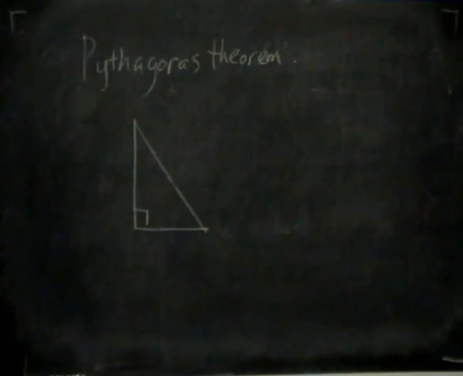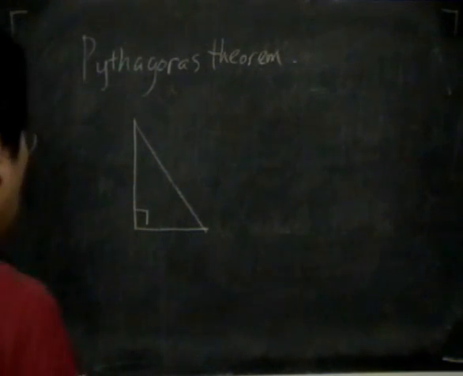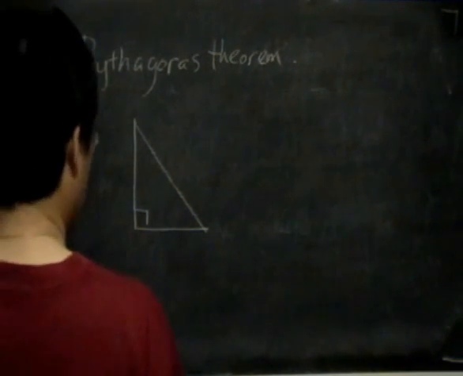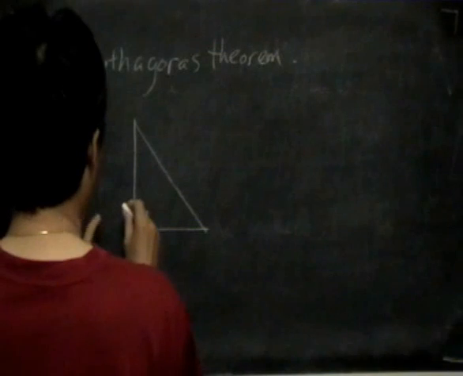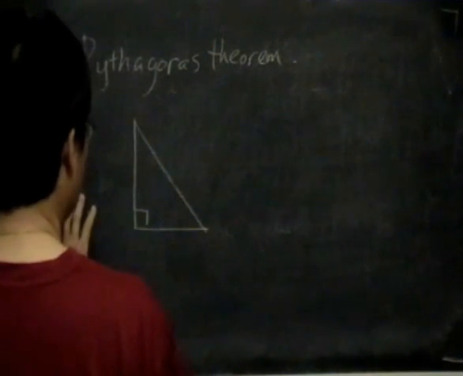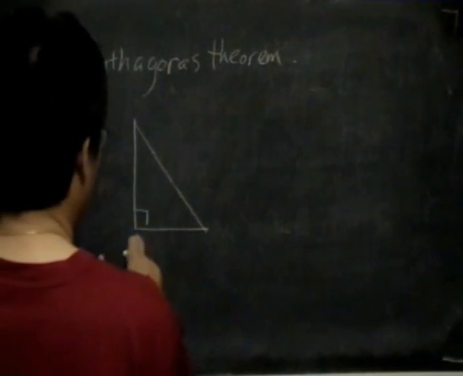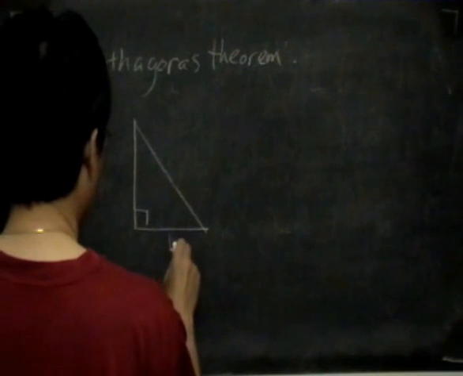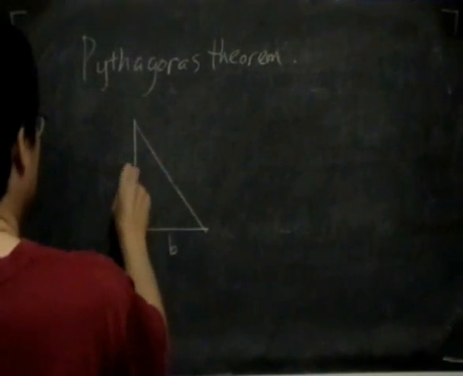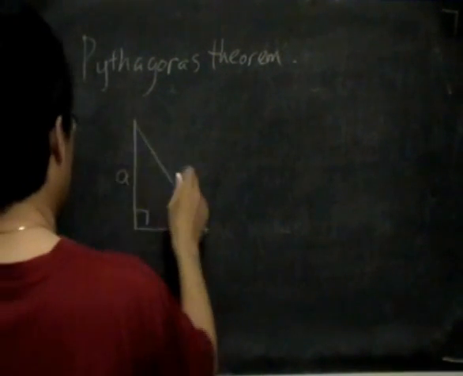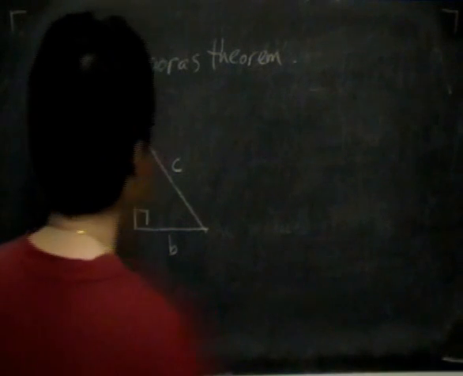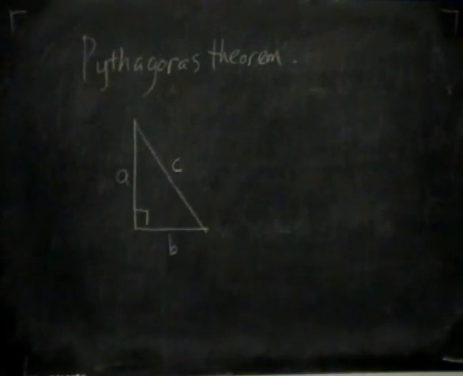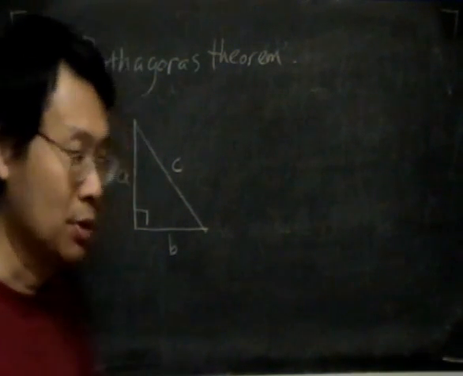Okay, and the theorem is this. Let me give some names to the sides. Suppose that the length of this side is B, that side is A, and this side is C. So A, B and C are just numbers.